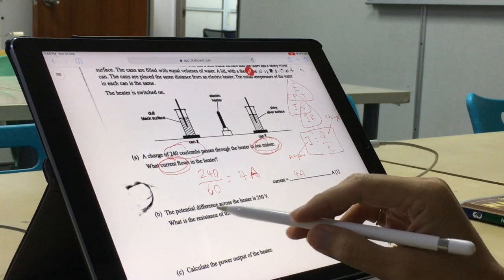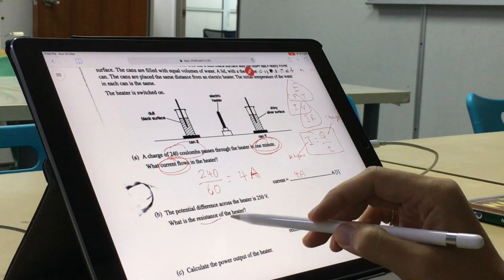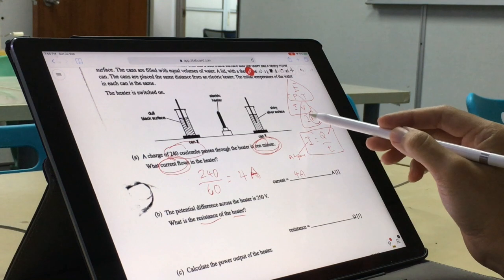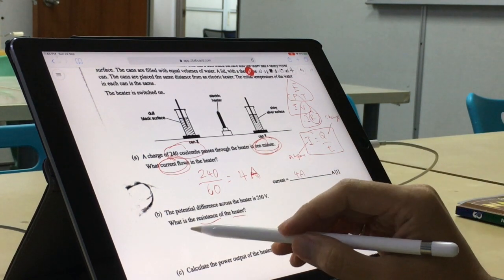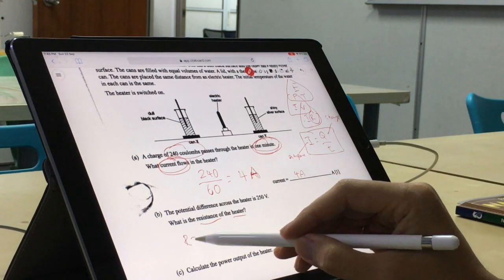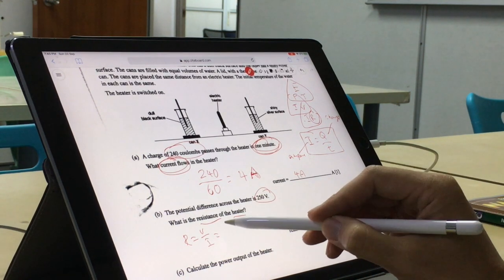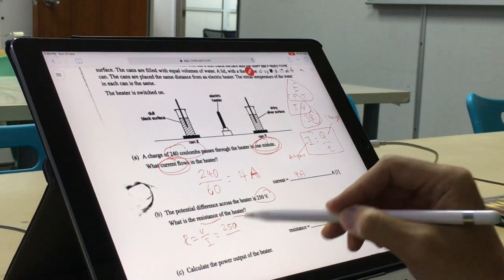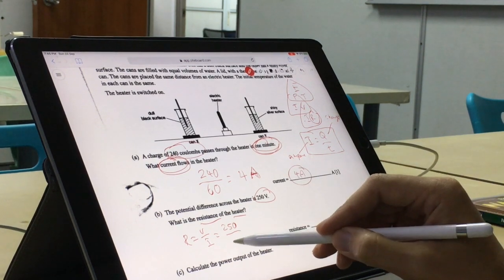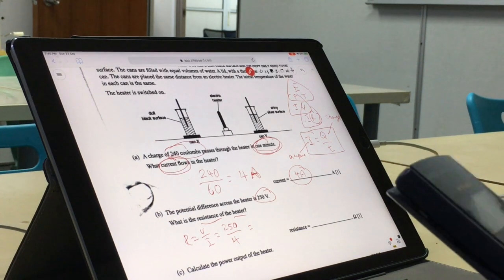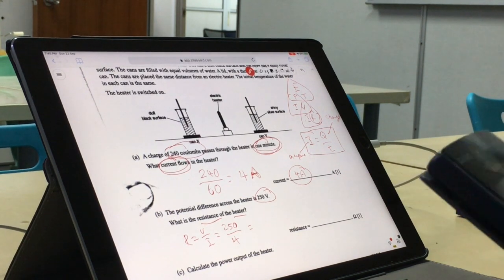Okay. Don't worry. So what's the resistance of the heater? We look at our formula again. R equals V over I. V is here, 250, divided by I, which is 4. So we take calculator: 250 divided by 4.